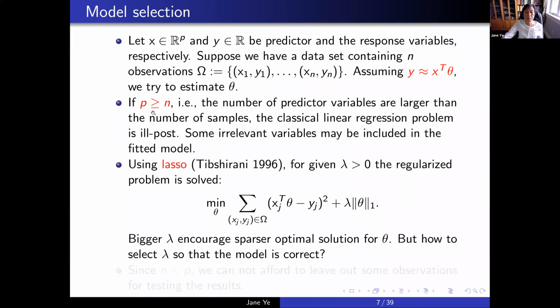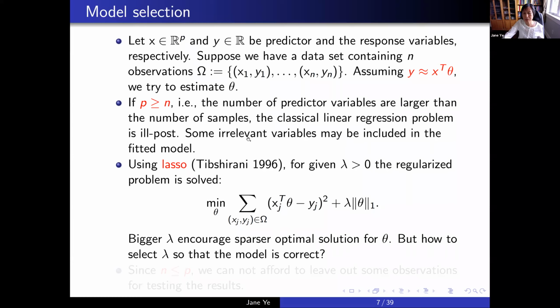But in the big data era, the number of independent variables may be bigger than the number of samples. In this case, the classical linear regression problem is ill-posed.